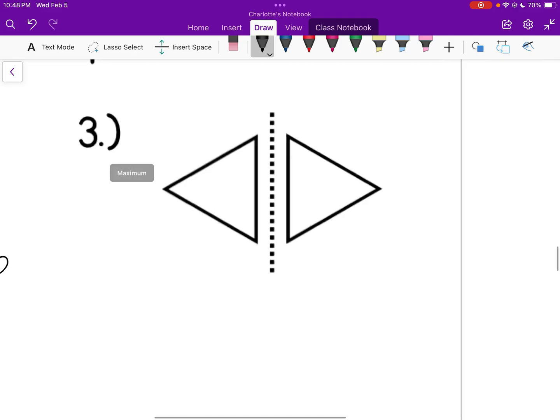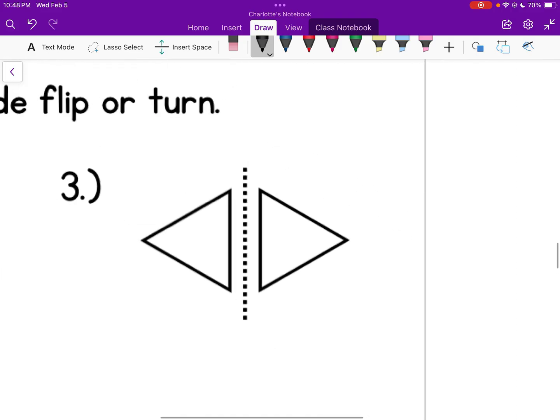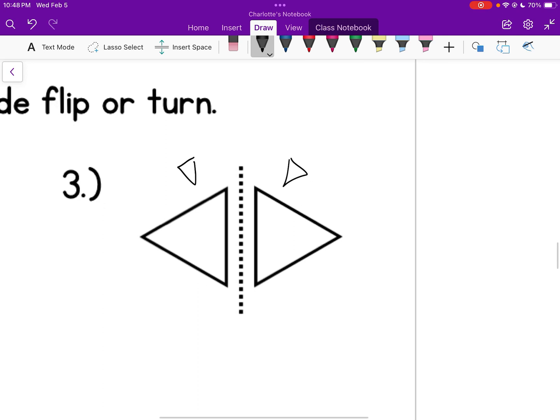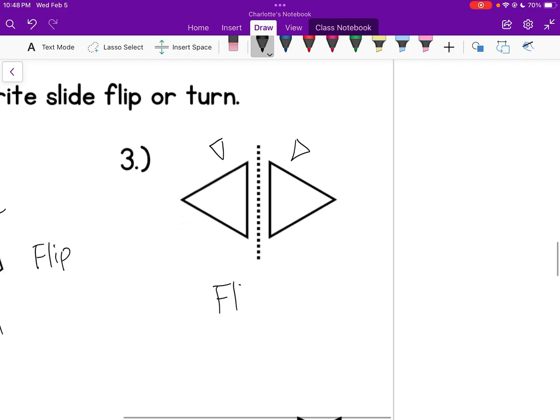And number three is a triangle. There's a triangle over here, and then there's a triangle on the right side, which means they're symmetrical right now. And this should be a flip because the triangle on the left side is facing left, but the right side one is facing right, so it's flipped to the right. So this is a flip.